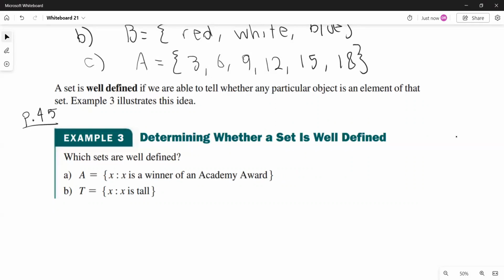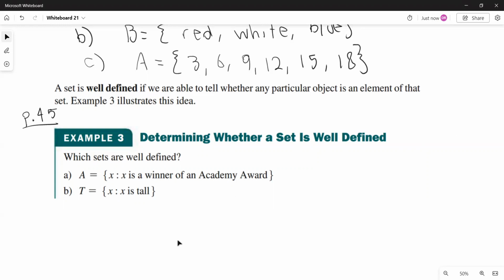The first set is the set of all x such that x is a winner of the Academy Award. And this one is well defined because you can name an actor, or you can name a celebrity, and tell whether the actor won an Academy Award. So give me the name of an actor like Ryan Reynolds. We can look at a database and find that he's not an element of this set.